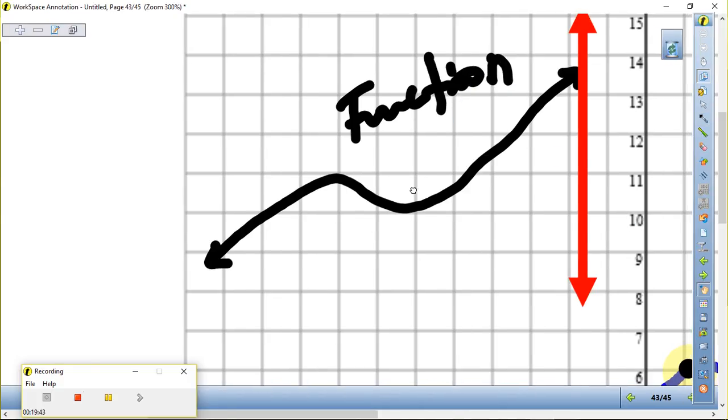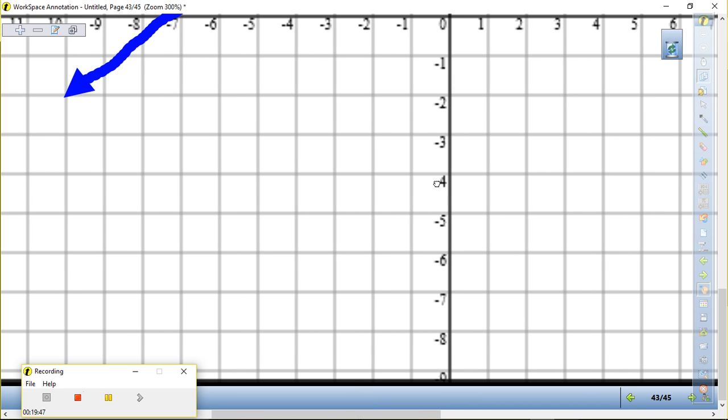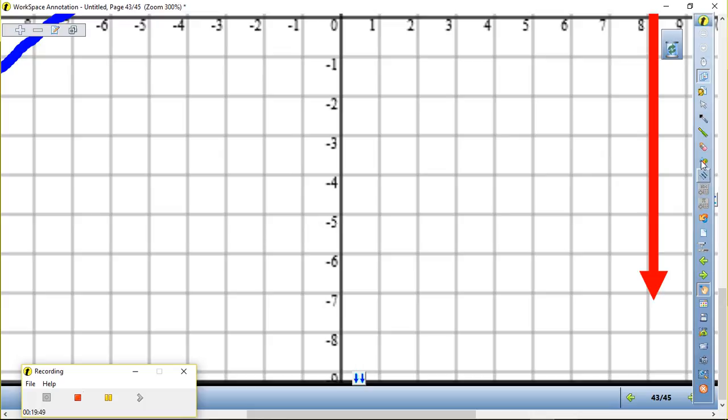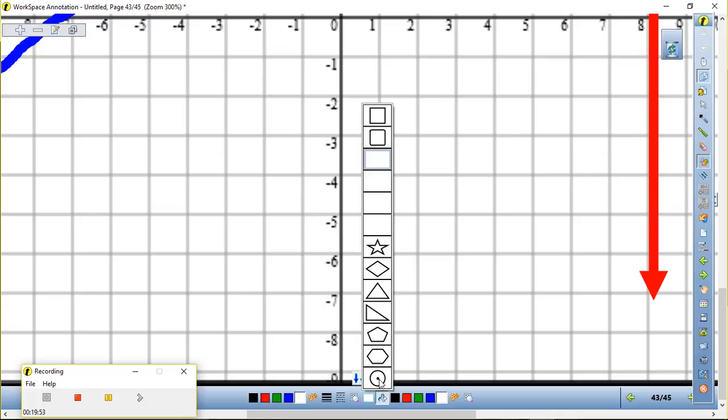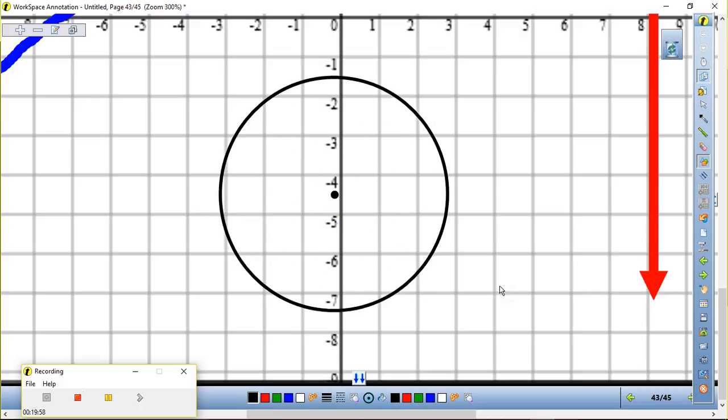Let me give you another one. Last one before we move on. Here you go. Tell me if this next one is a function. Use your ruler.